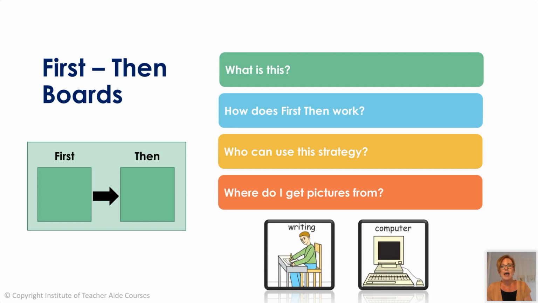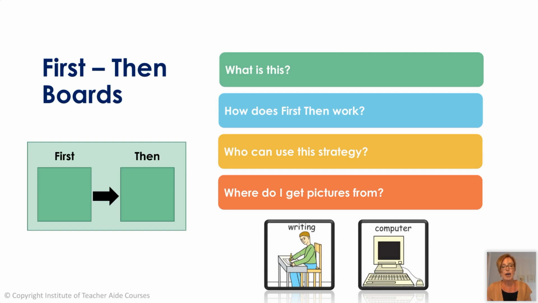So how does it work? To help with specific task completion, the teacher or the therapist or the teacher aide will place the two visuals on, and they'll be in sequence. So it'll be first writing, then computer. First maths, then dinosaurs.